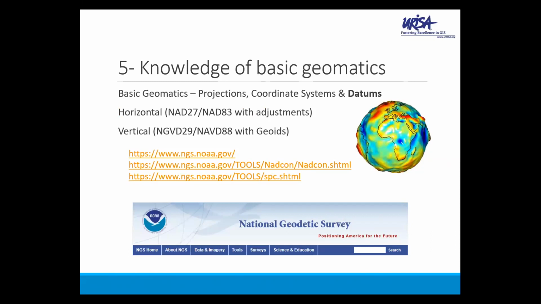For the horizontal measurement, it's either NAD 27, the North American Datum of 1927, which has been pretty well 100% replaced by the North American Datum of 1983 with various adjustments.